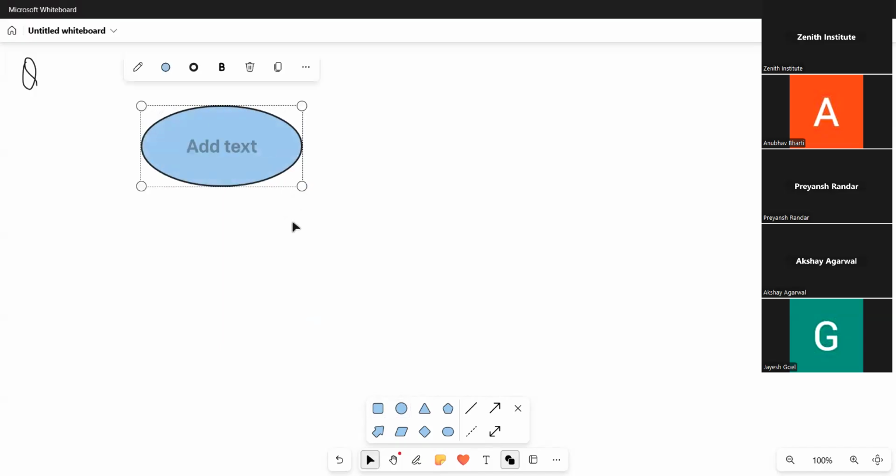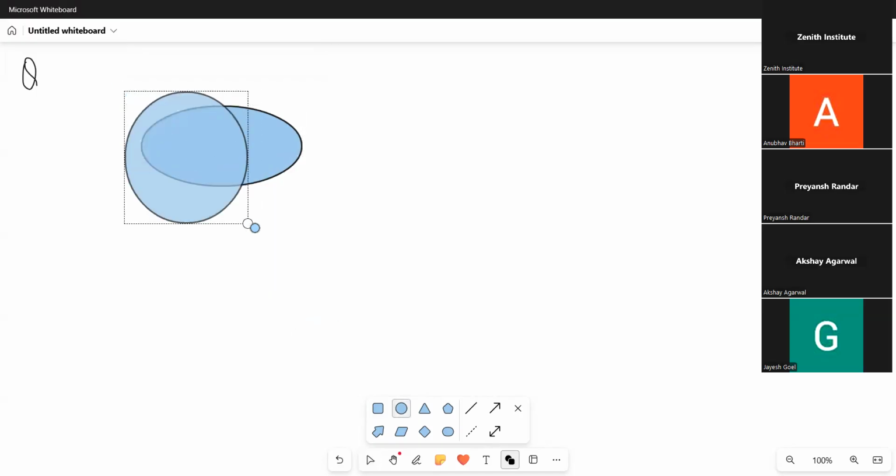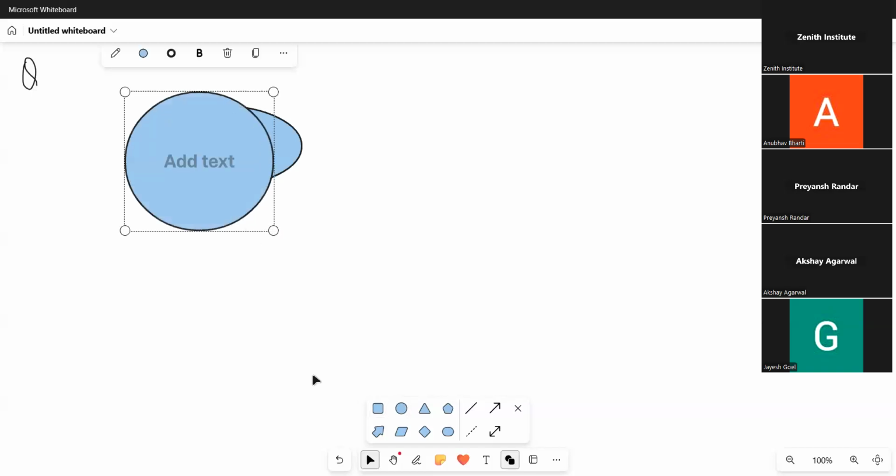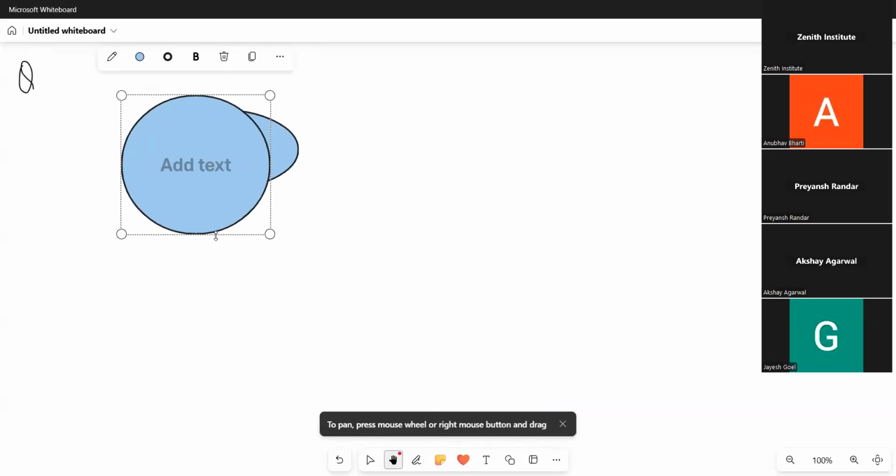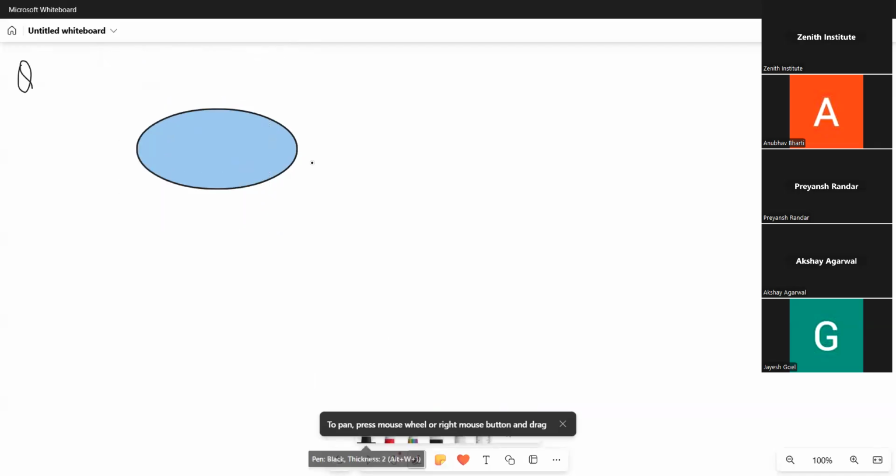Suppose we have an ellipse and then it's the auxiliary circle of this. Okay, we have an ellipse and the auxiliary circle.